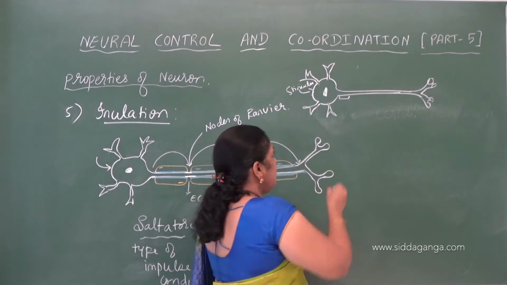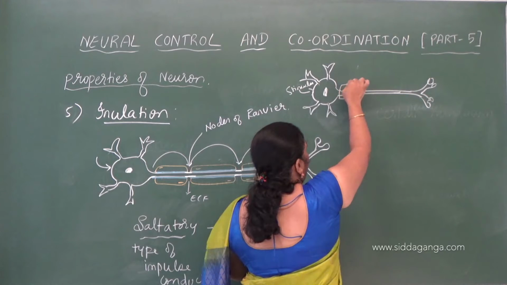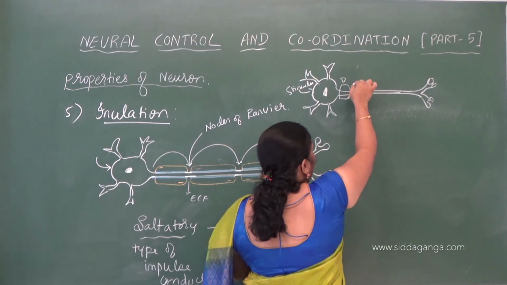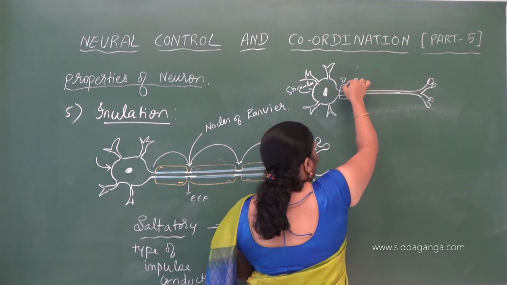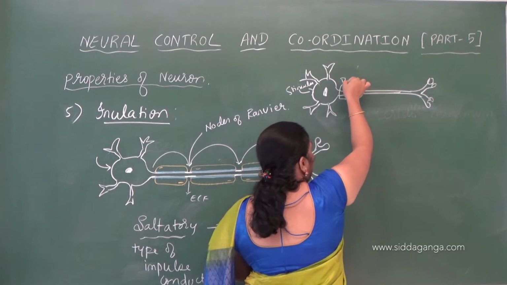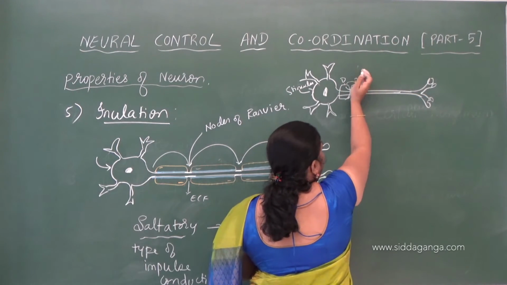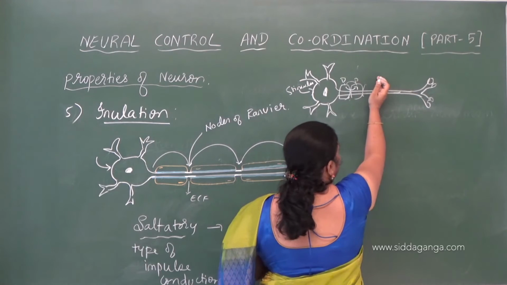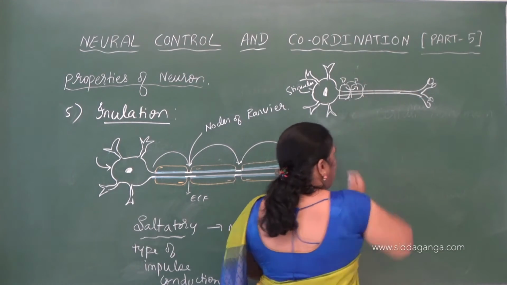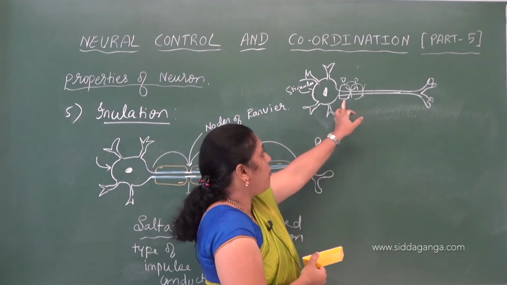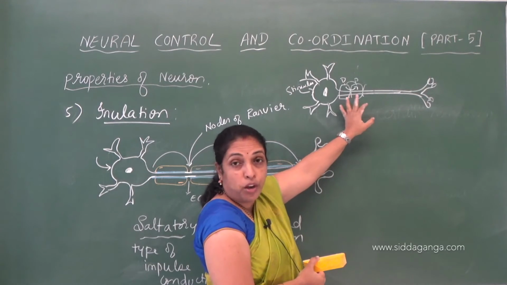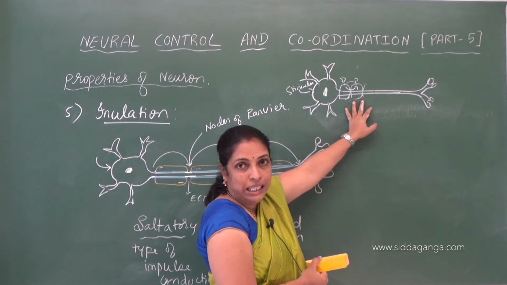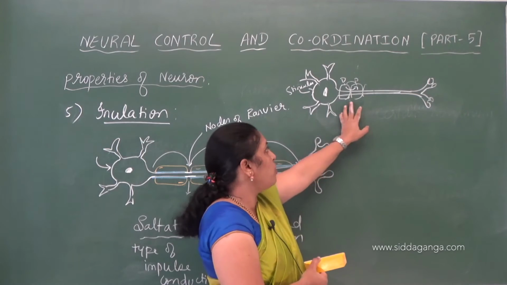Then this part area will become depolarized, and the next part will be in a polarized state. So, it will shift from here to here. Then this area becomes repolarized, and this area becomes depolarized. Jumping of impulse does not take place in non-myelinated neurons.